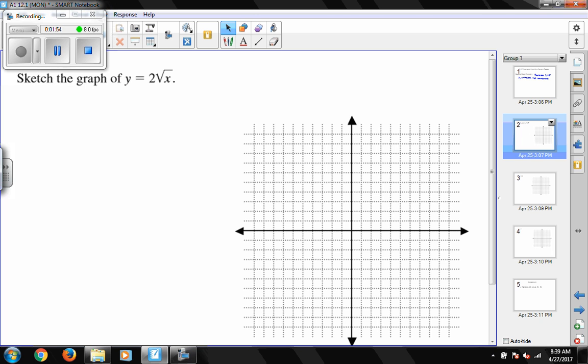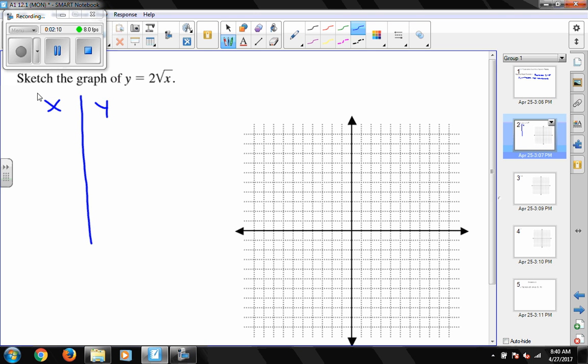What we're going to do with these is sketch some graphs. When graphing, you can never go wrong starting with the good old XY chart. Since we're going to pick non-negative numbers, we're going to start at 0 and see what happens there. 0 is non-negative.